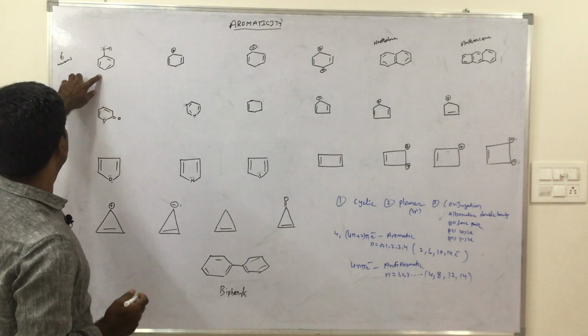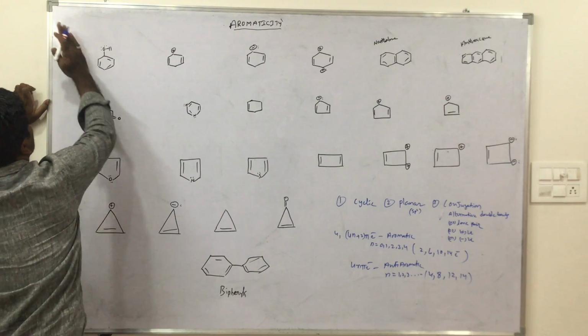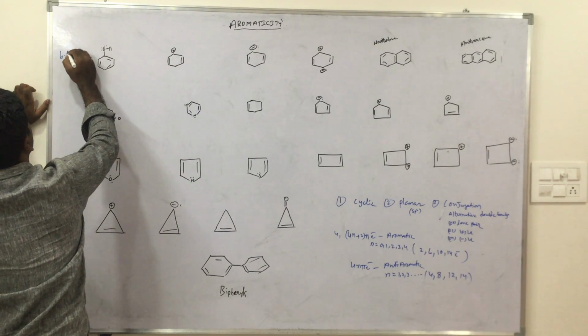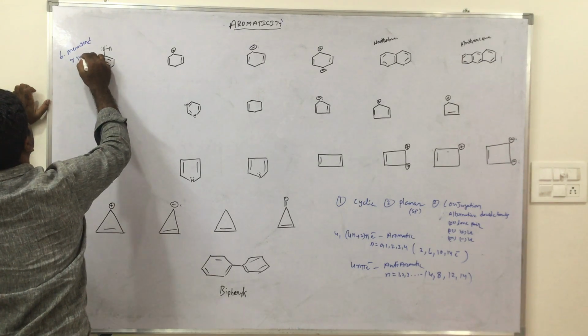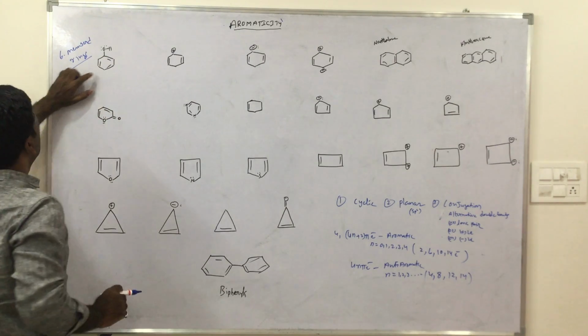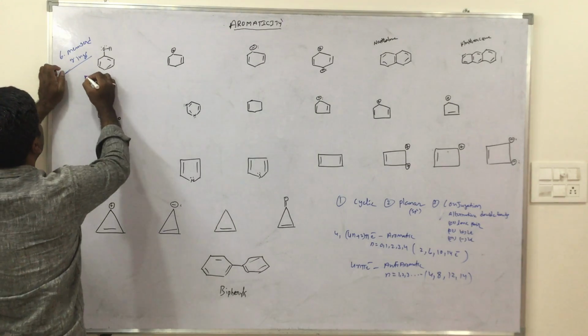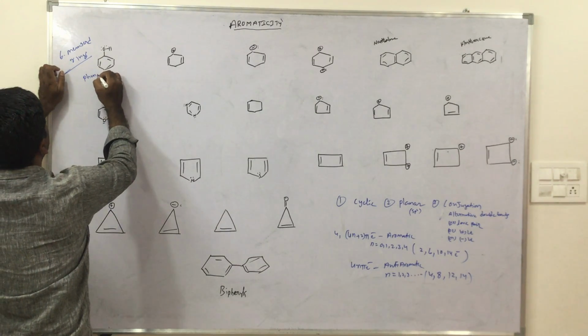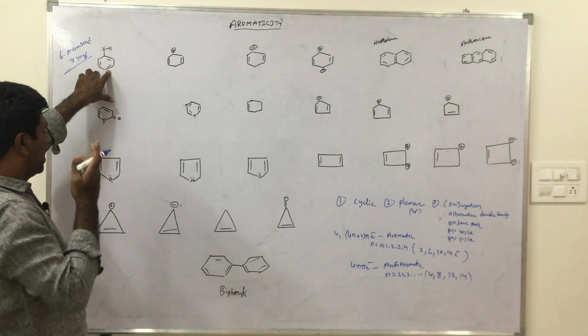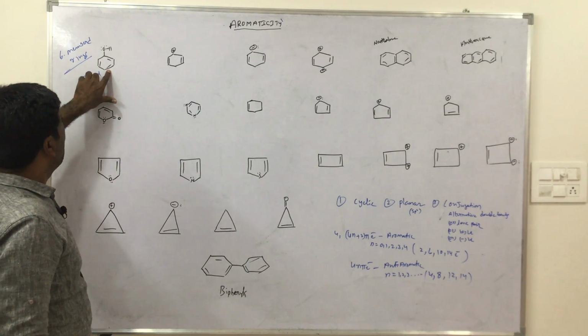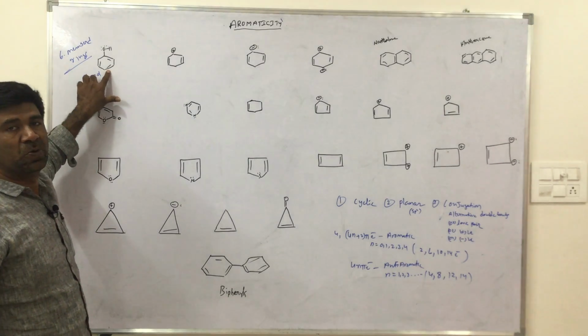Okay, this is the first one. These examples are 6-membered rings. First one is phenol. So is this aromatic, anti-aromatic, or non-aromatic? We will find out now.